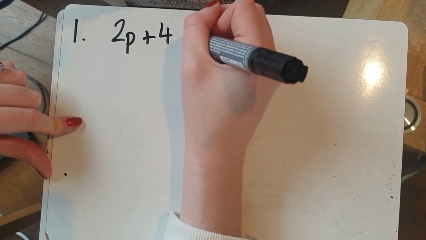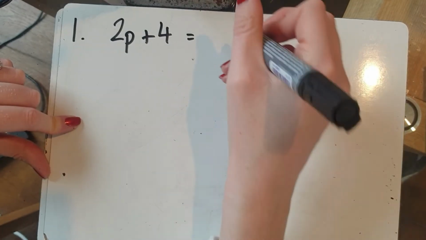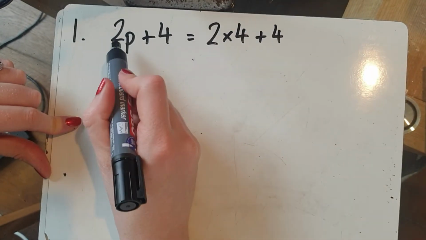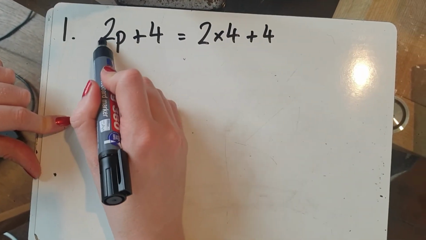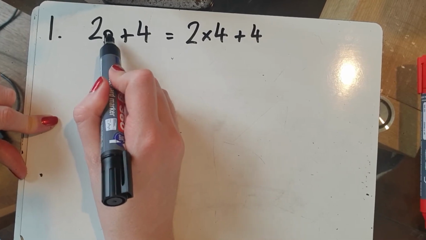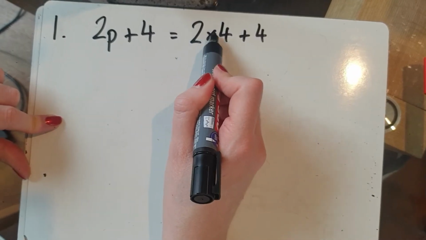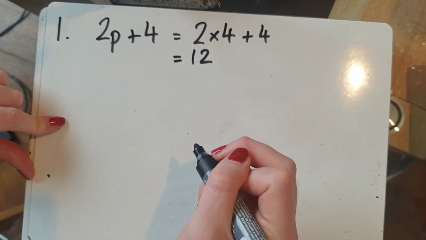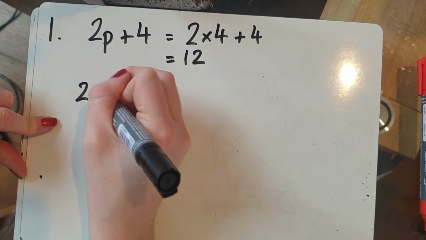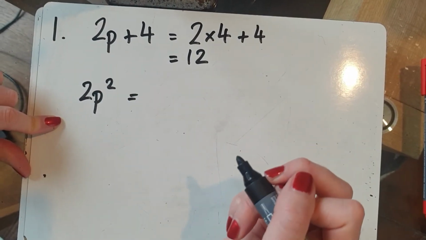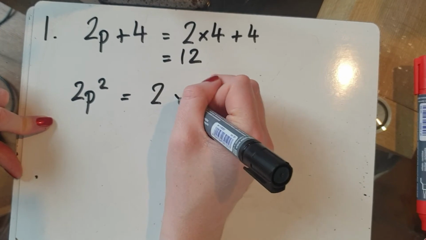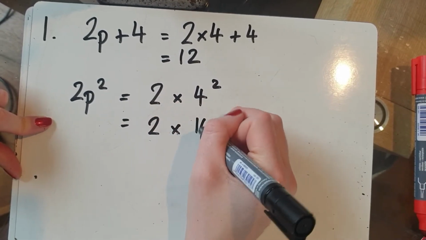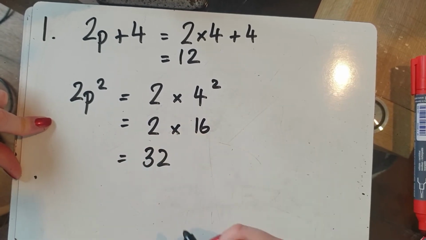So for question 1, 2p plus 4. It says in the question that p equals 4. So I'm doing 2 times 4 plus 4 because p is here, and this 2p means 2 times p. P is 4 because it says so in the question, so I'm doing 2 times 4. So I would get 8 plus 4 is 12. 2p squared, again p is still 4, so I'm going to have 2 times 4 squared, which is 2 times 16, which is 32.